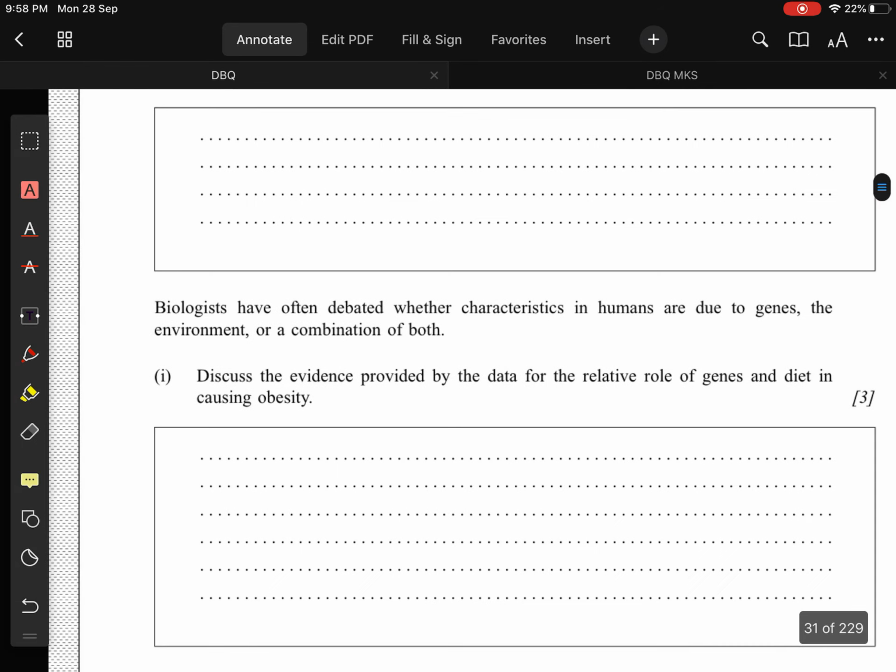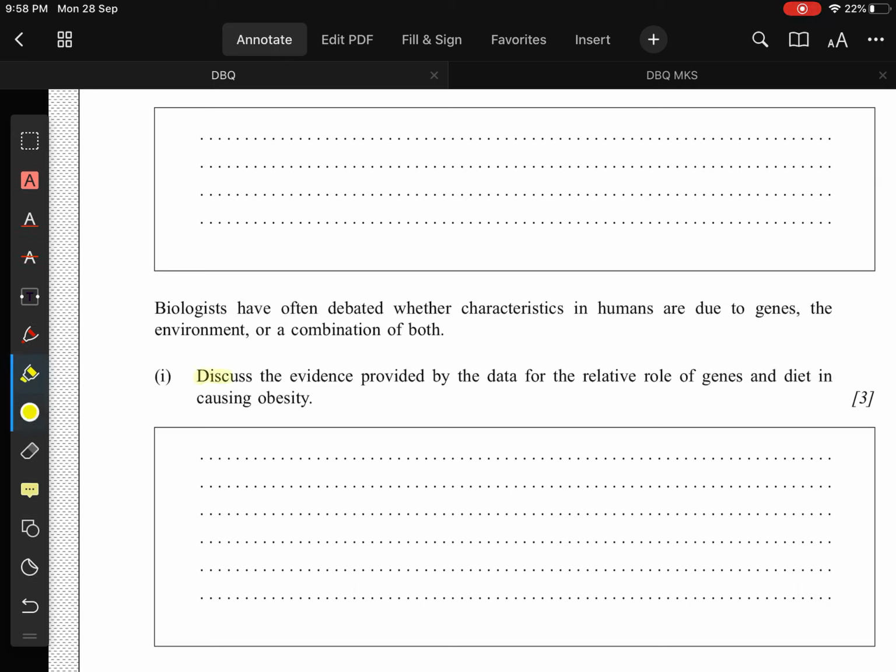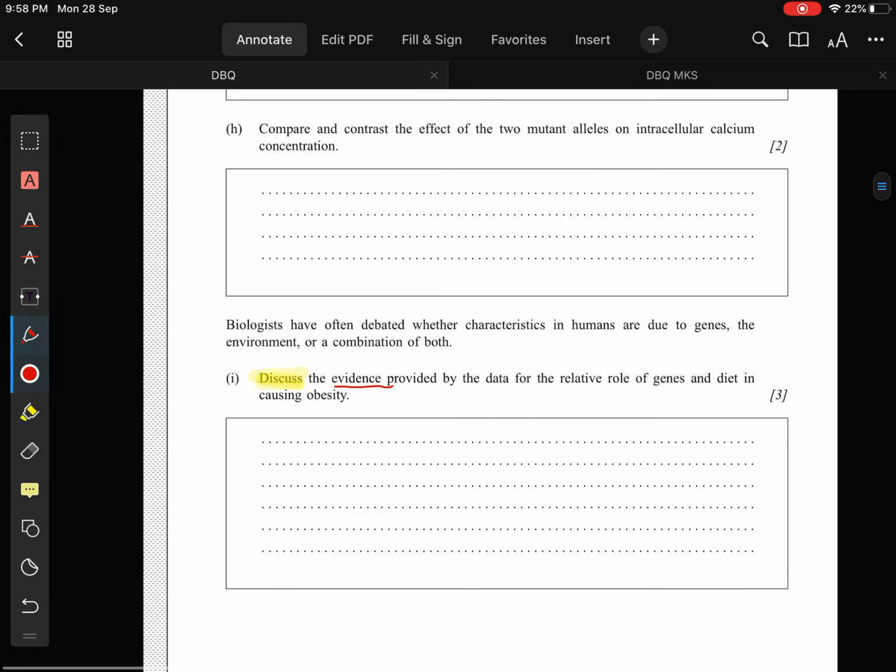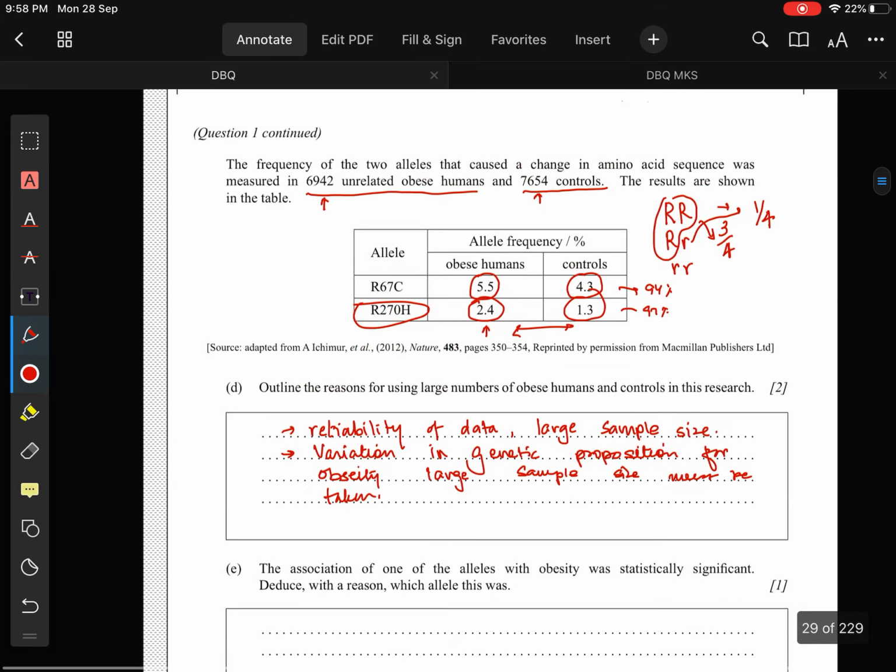Now, last part: biologists have often debated whether characteristics in humans are due to genes or environment or a combination of both. Here, the question is a discussion. So you can discuss with whatever information is provided, but you have to give the evidence. I will explain, then we will look at the mark scheme.